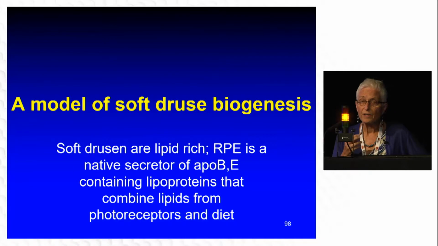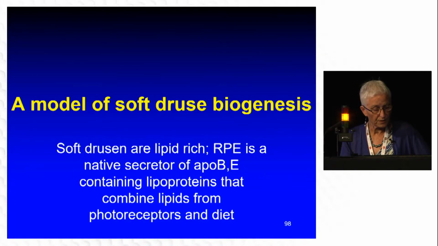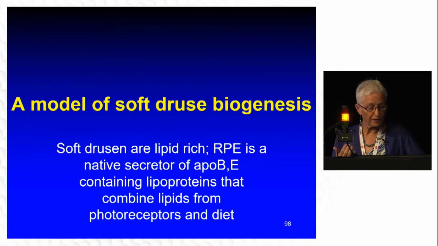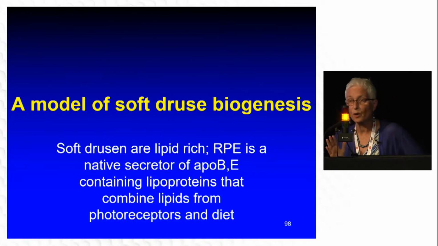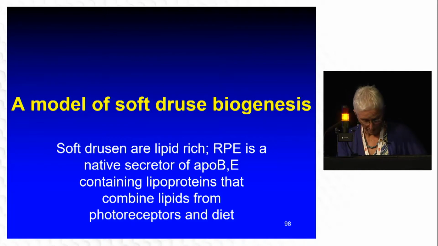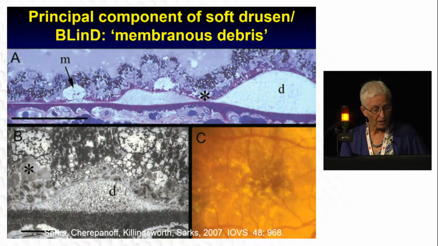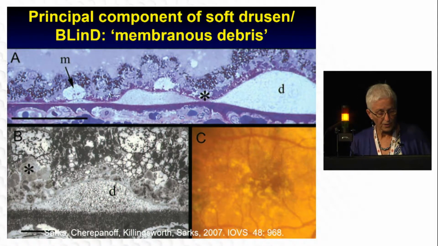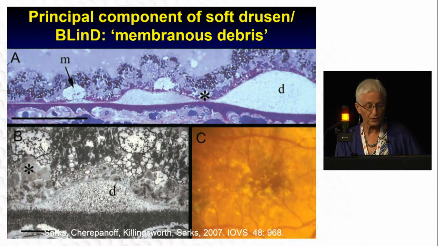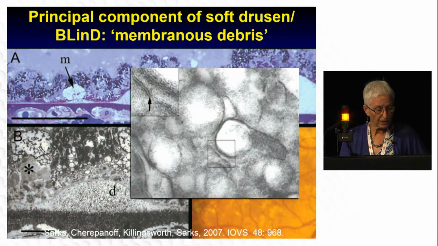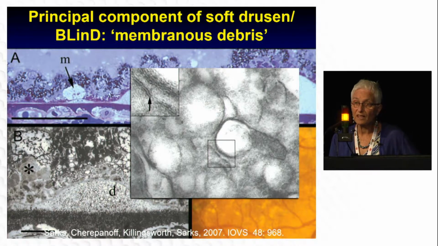So to elucidate our model of soft drusen biogenesis, the soft drusen are very lipid-rich, and that's because the RPE is a native secretor of ApoB and E containing lipoproteins that combine lipids from photoreceptors and diet. As described by the Sarks, the principal component of soft drusen and basal linear deposit are membranous debris, and you can see that in this magnified electron micrograph.